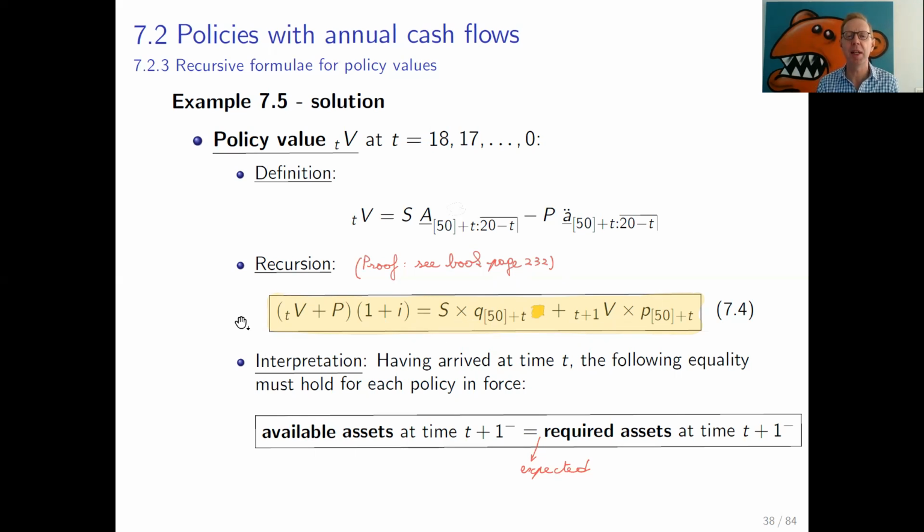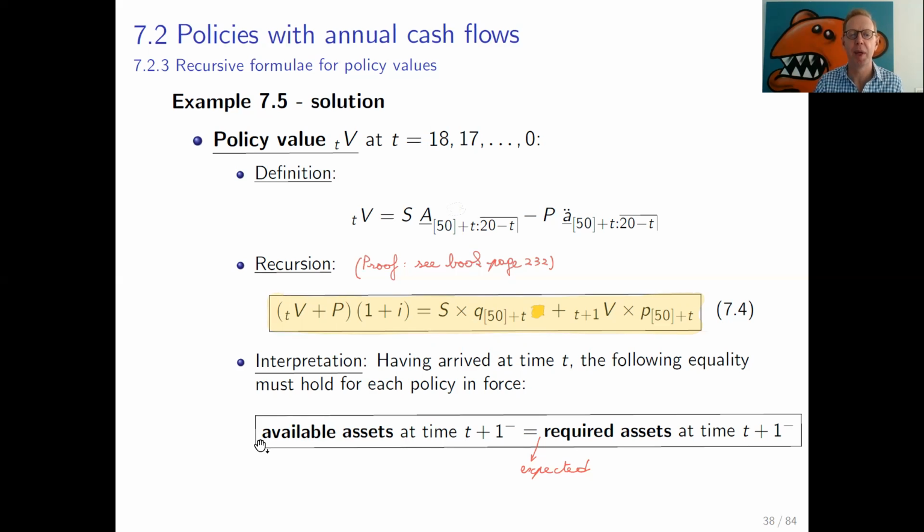What is now the interpretation of equation 7.4? Well, the equation is in fact the same as the interpretation that we made on the previous slide. Suppose that we have arrived at time t and that the policy is still in force. What is needed to hold in 1 year at time t plus 1 minus?